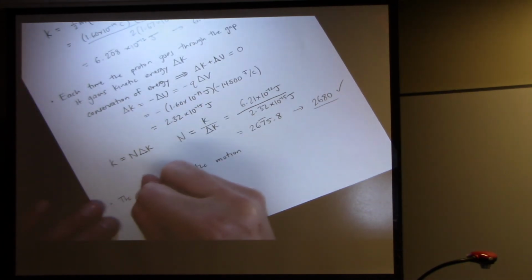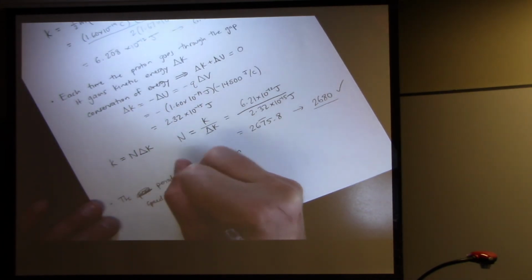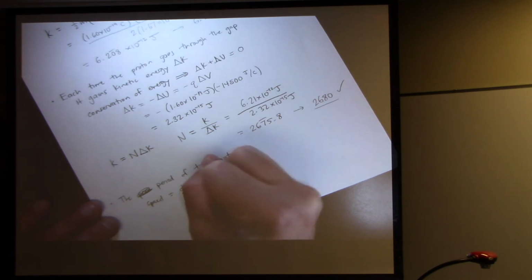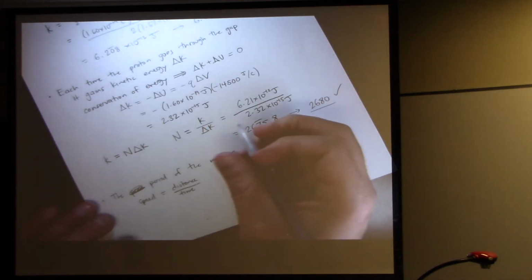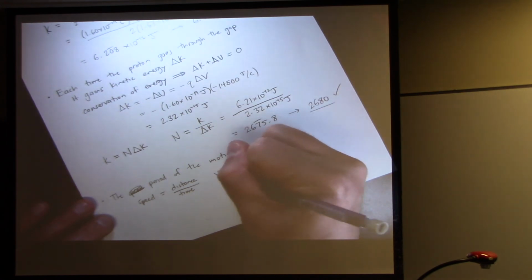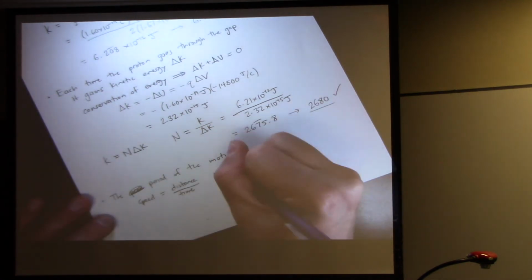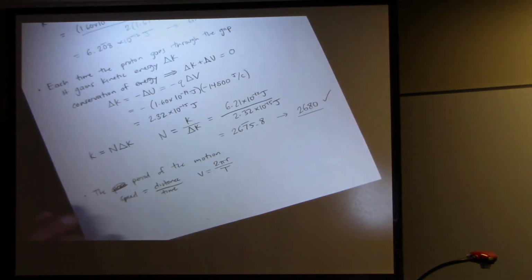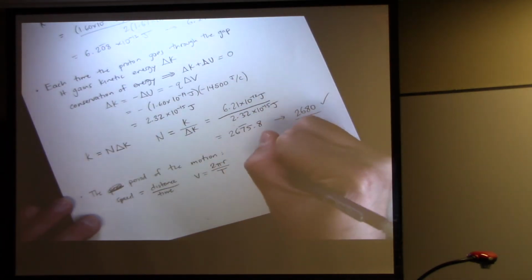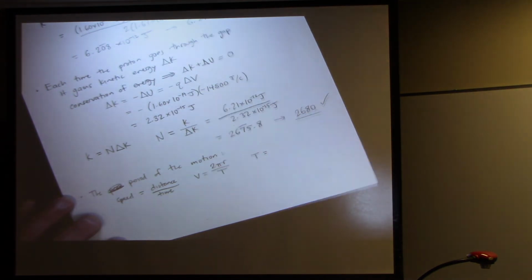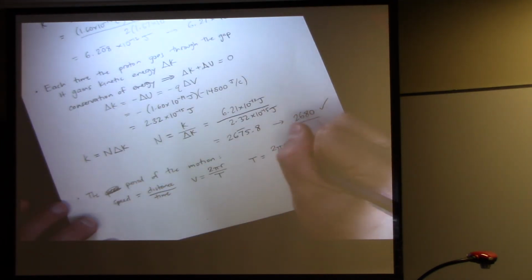The way we think about this is speed is distance over time. And so v is equal to 2 pi r, one full circle, divided by T, a period. Okay, T, the period, is 2 pi r divided by v.